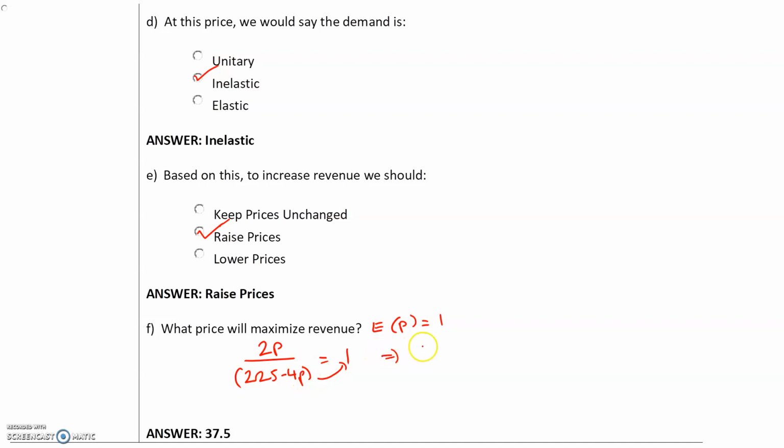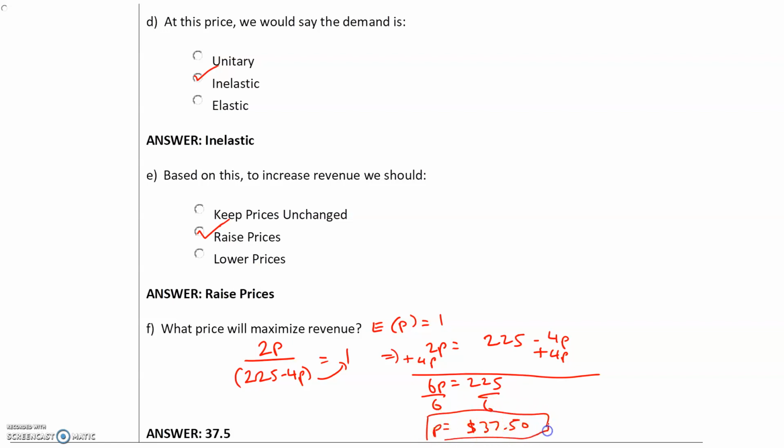That's going to give us 2p is equal to 225 minus 4p. Move the negative 4p to the other side by adding it. So we get 6p equals 225. We're going to divide both sides by 6. So p is going to equal $37.50. So when you set the price equal to $37.50, the revenue is going to be maximized.